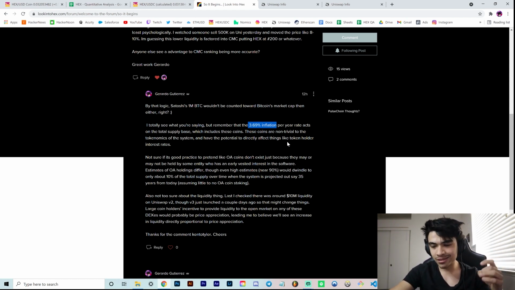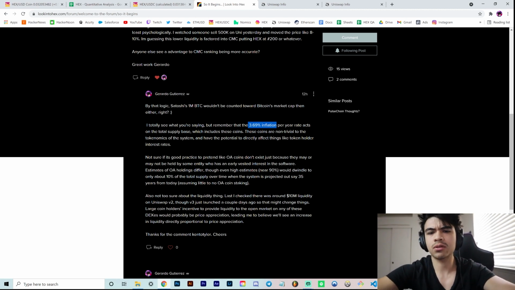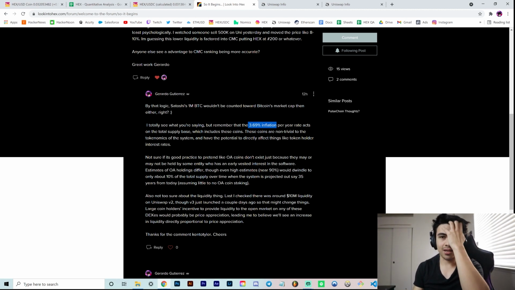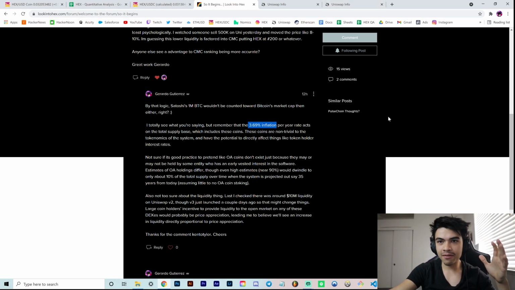So to act like these coins don't exist is doing a disservice to any token holder's idea of what the tokenomics are. Because at the end of the day, you have your inflation rate, the supply base on which, okay, how do I say this? The inflation rate of 3.69%, here it is, acts on the total supply base, which includes these OA coins.